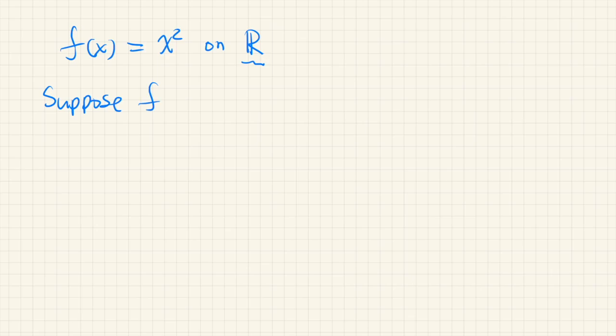So here's an example. Consider this function f of x equals x squared defined on the entire real axis. So this is, of course, an open interval. So it's an interval. So suppose f is uniformly continuous, which actually is not true, but we prove by contradiction.